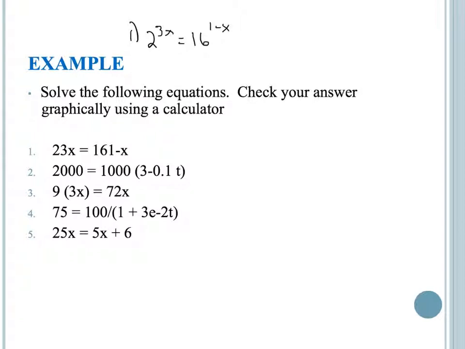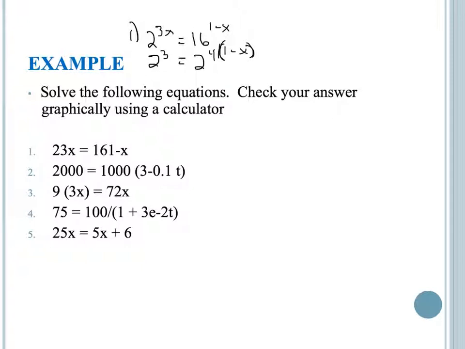16 is, I think, 2 to the 4th. So let's see what happens when I do that, how is that going to impact the rest of my 1 minus x?